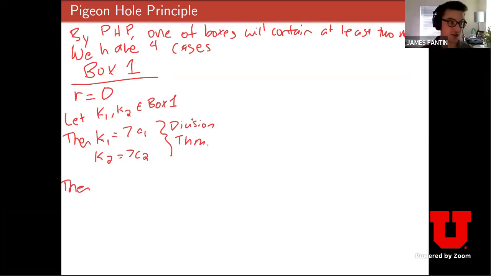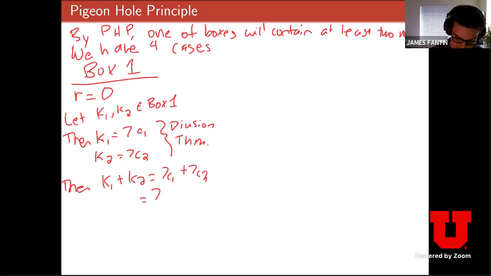And then we just have to show that either the sum or difference of any two is divisible by 7. So here we could show this is true for the sum. K1 plus K2 is equal to 7C1 plus 7C2, which is 7 times C1 plus C2. Thus K1 plus K2 is divisible by 7.